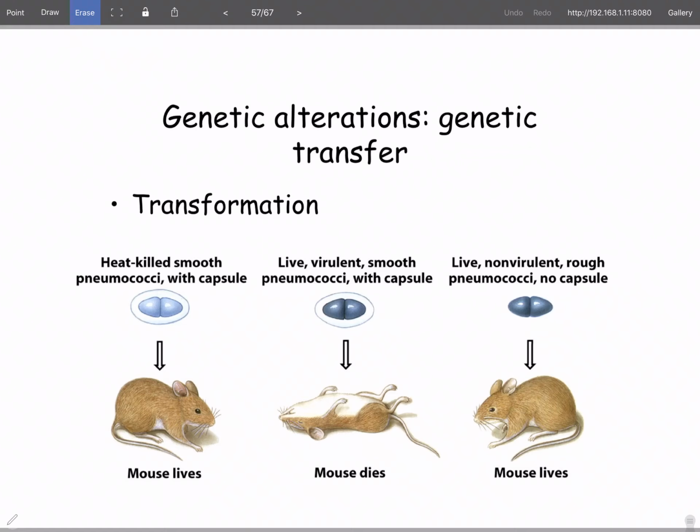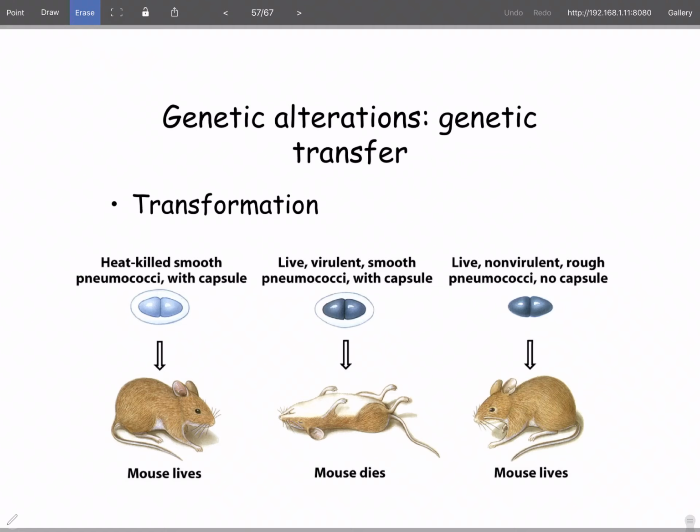One more section to this genetics chapter. Now we're going to talk about some types of genetic alterations that we see, specifically genetic transfer. You remember in the beginning, I talked about how bacteria especially were notorious for being able to transfer genetic material laterally, or horizontally.